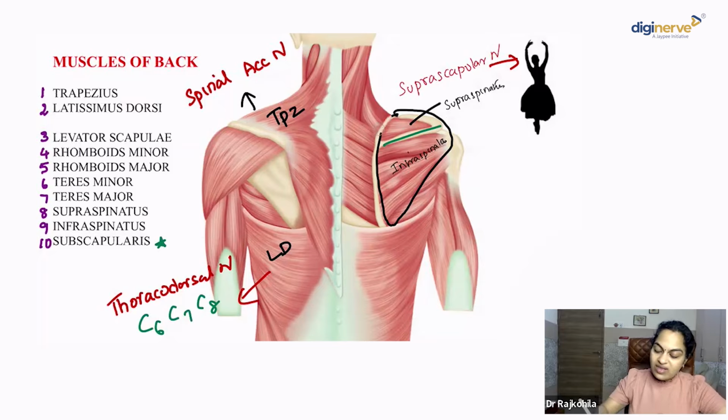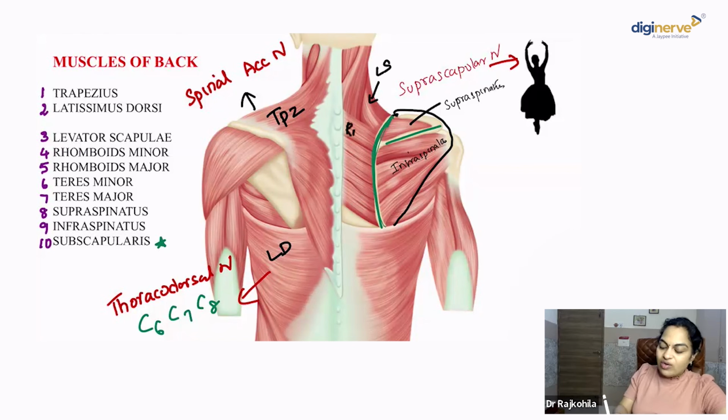Now, this is the medial border of the scapula. Yes, what are the muscles that are attached to the medial border of the scapula? This one is the levator scapulae. When it contracts, it can elevate the scapula.